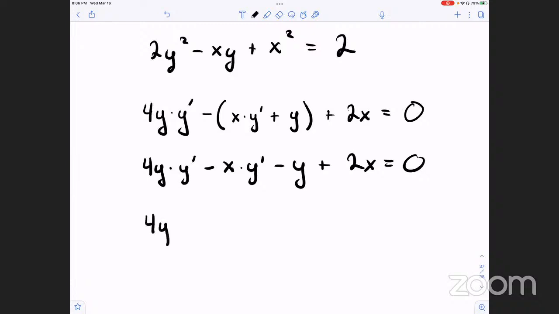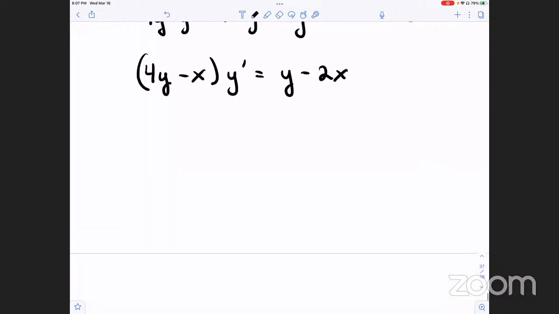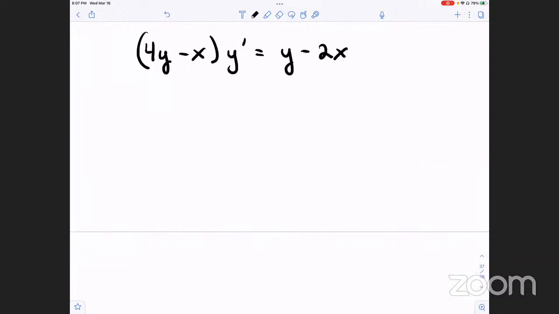On the left, we have 4y minus x times y prime, and y prime is the same as dy by dx. And the terms that don't have y prime, I'm going to move to the right, so we get y minus 2x. Now we've isolated our y prime. We can divide both sides by 4y minus x, and so we get y prime equals, on top, y minus 2x, and on bottom, 4y minus x.